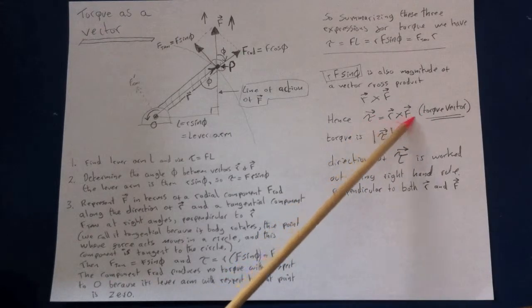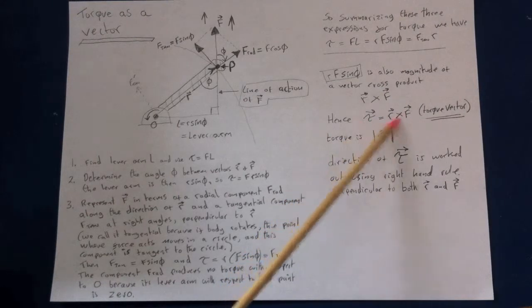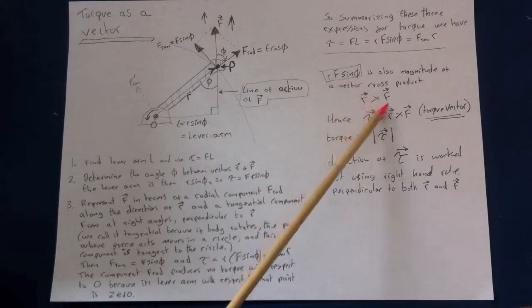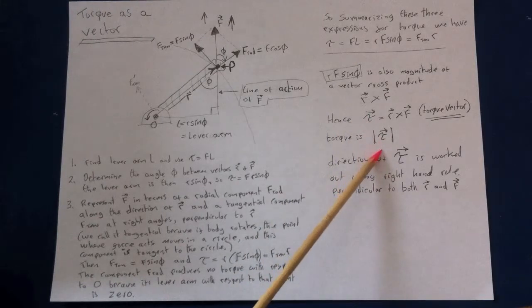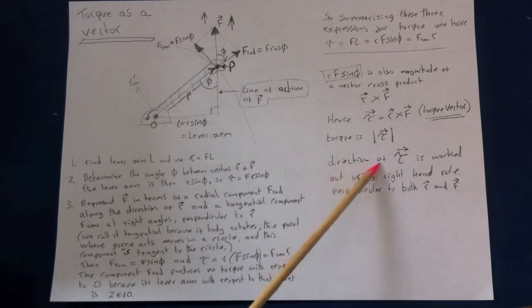So we can define the torque vector now. The torque is the magnitude of that, because we know that the magnitude of this is this. So if we find this torque vector, then the magnitude of the torque vector is the torque itself.